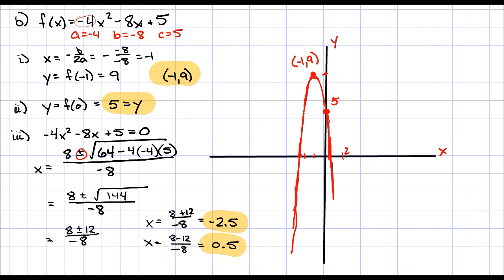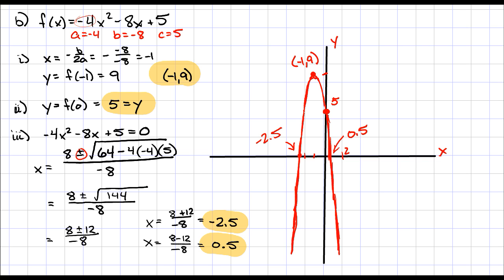It's a good idea, especially if I'm using this funny scale here, to label my x-intercepts. Okay. So it's a really sketchy sketch of the graph, but hopefully you can get the idea of what it looks like here.